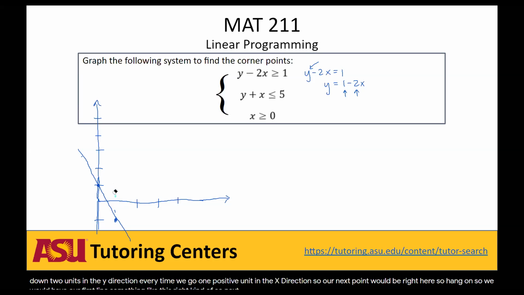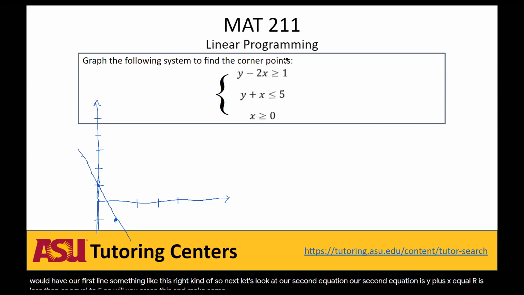Next, let's look at our second equation. Our second equation is y plus x is less than or equal to 5. If we erase this and make some room again, we're going to treat it as an equality. So y plus x equals 5.